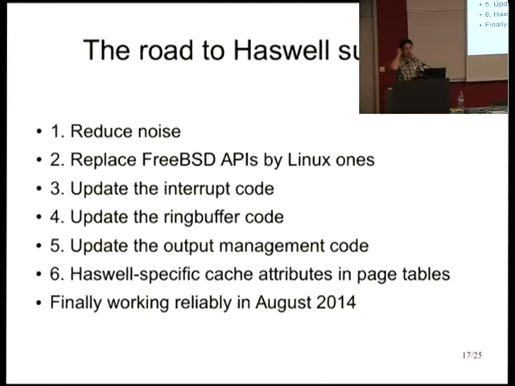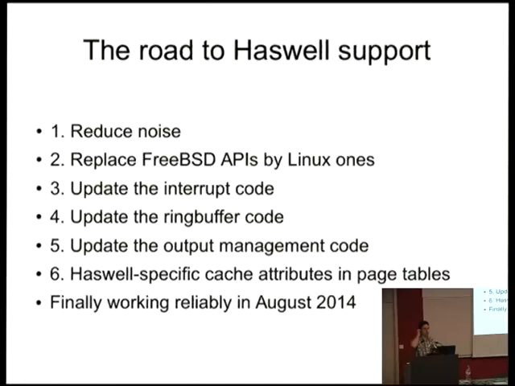So I wanted to implement Haswell GPU support. This was my first and foremost goal with moving to a Linux 3.8 code base. So what I did was basically reduce pointless noise, replace FreeBSD APIs by Linux ones, and then we add important functional differences.